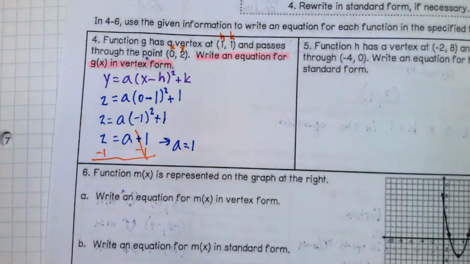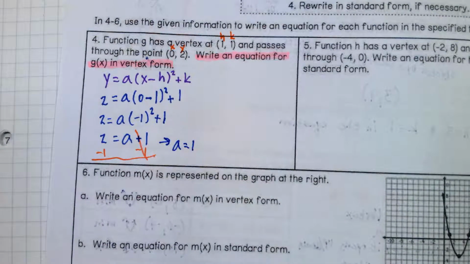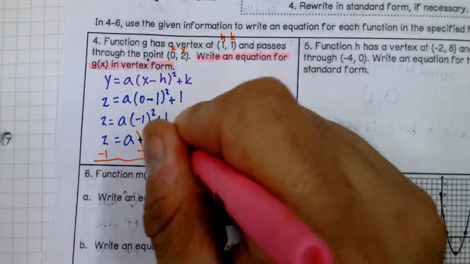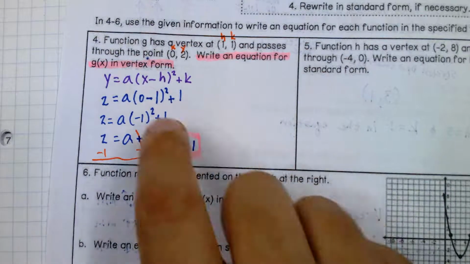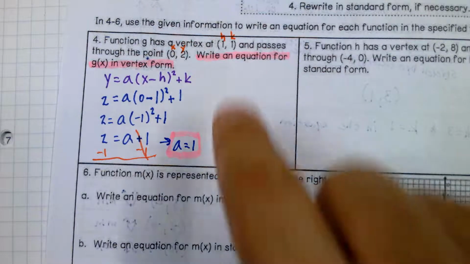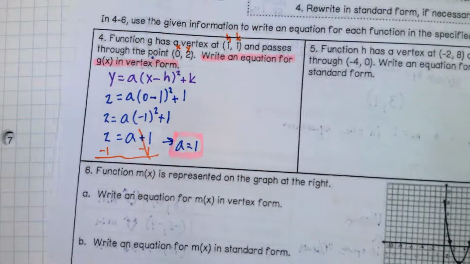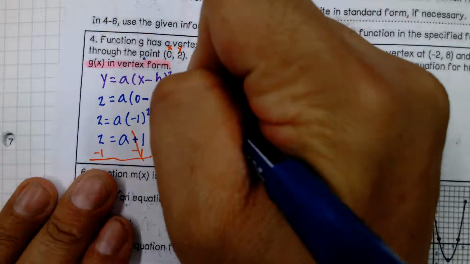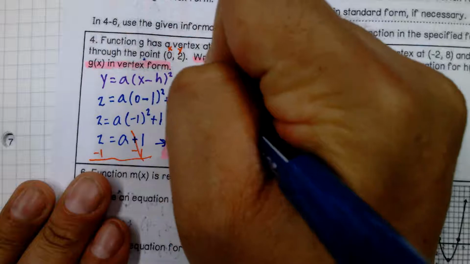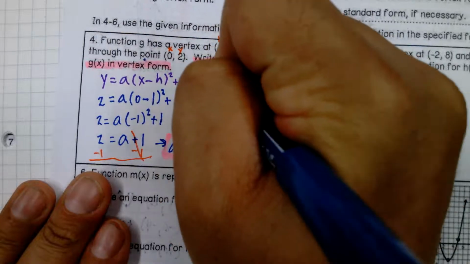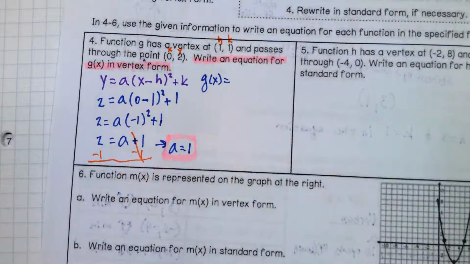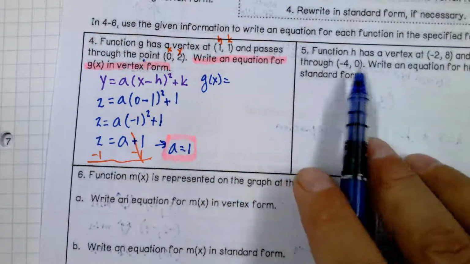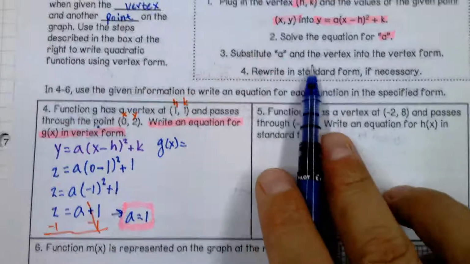Okay, so this is what I was looking for. I wanted to figure out the value of a, because now that I know the value of a, I can write g of x in vertex form. So let's do that. g of x equals, and remember vertex form is this right here.